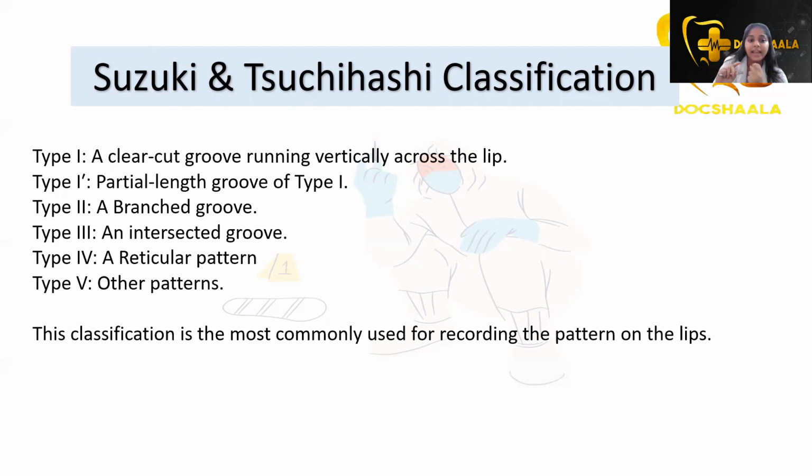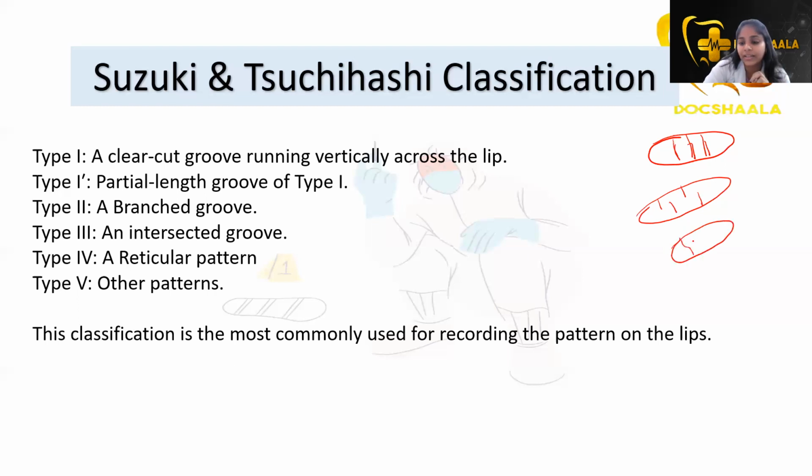Type 1 is a clear-cut groove running vertically across the lip. So if this is a lip, it runs like this. Type 1 prime is a partial-length groove, so it will be like this.